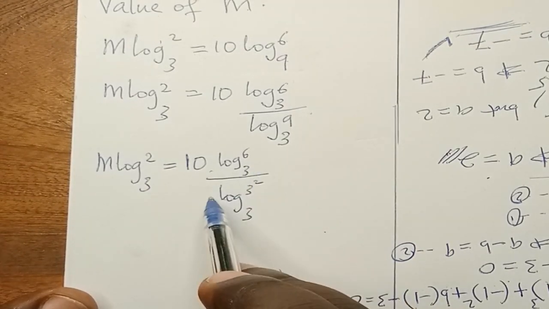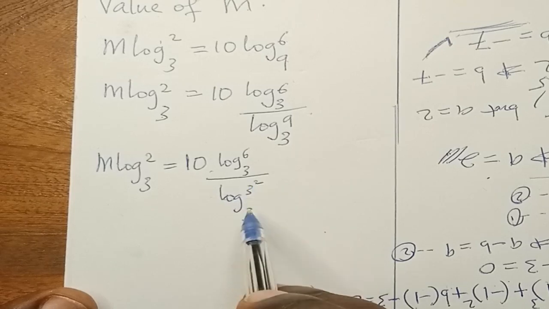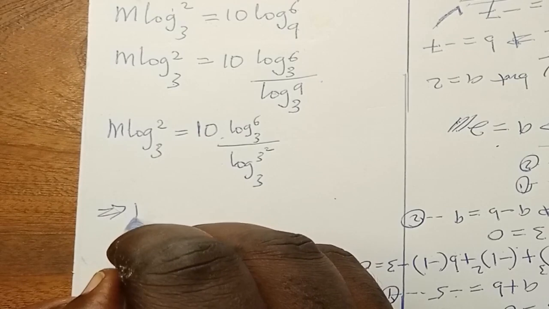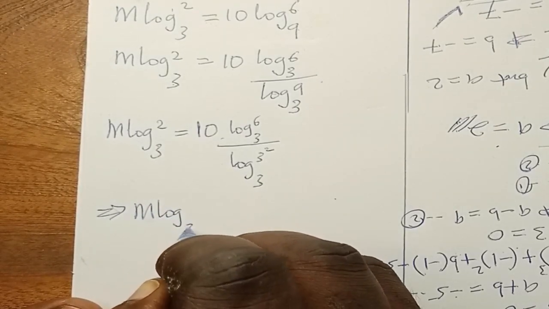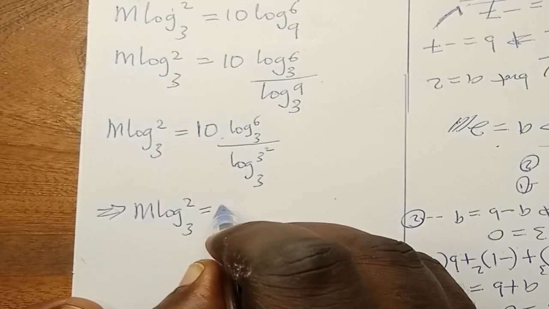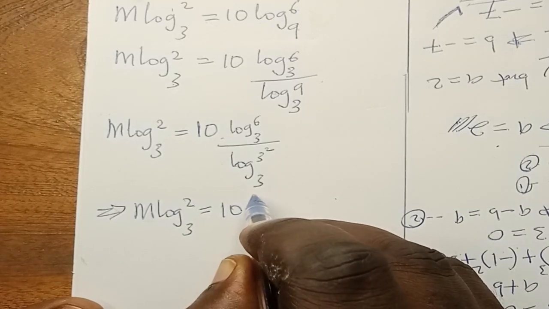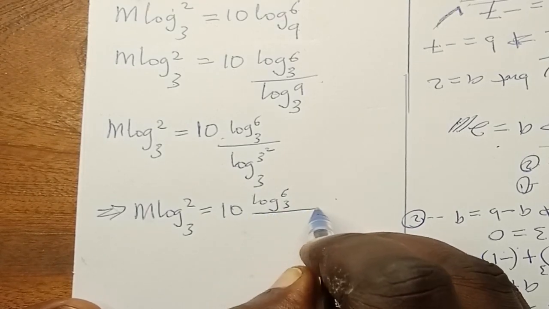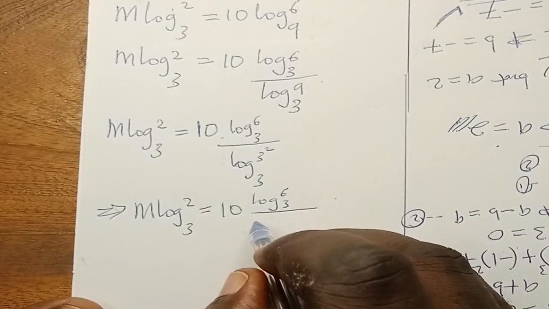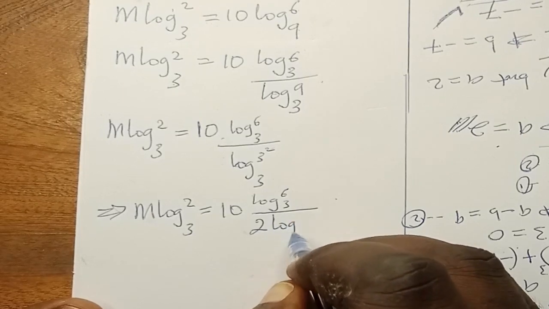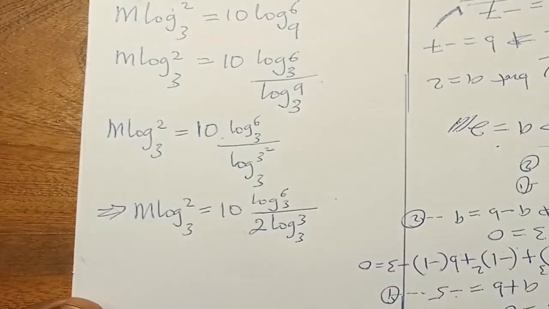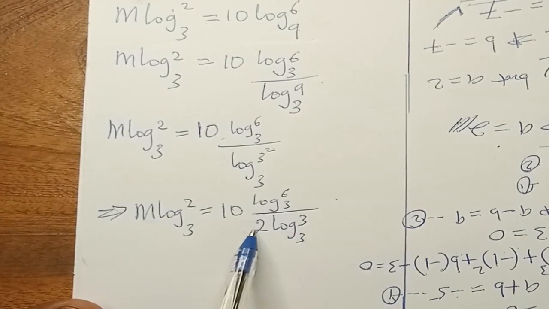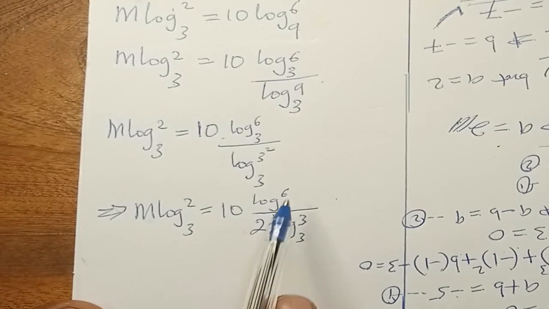If we carry this 2 here, it's going to be 2 log of 3 and 3. So this will be the same as m log to the base of 3, 2 equal to 10 log 3, 6. This 2 will come here. It is going to be 2 log of 3, 3. The log of 3 and 3 is the same as 1. So 2 times 1 is going to give us 2.